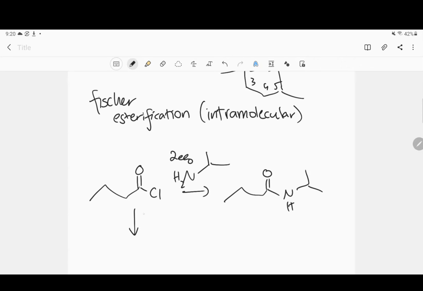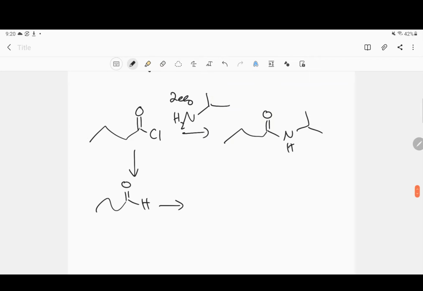LiAl(OtBu)3H with H2O. Oh, because you made the aldehyde out of it. Okay, and then you did the condensation with this thing. I also used NaBH3CN. I don't know if I'm supposed to use that or not. Yes, you will need that because you're going to need to reduce it. Okay.